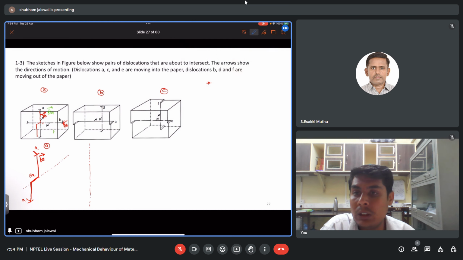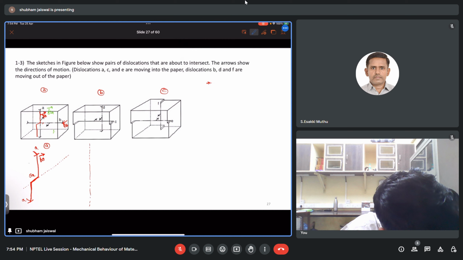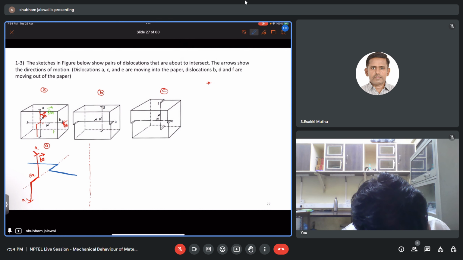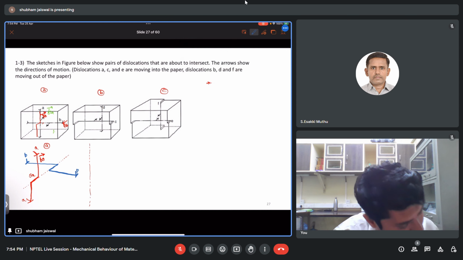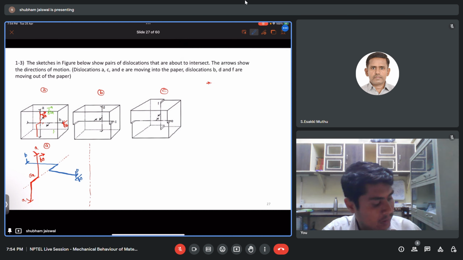Now consider the second case: dislocation A will create a step in dislocation B in the direction of the Burgers vector of dislocation A. So it will create a step something like this. This is B, and the direction of the Burgers vector is this one. Let's say this is my SB.